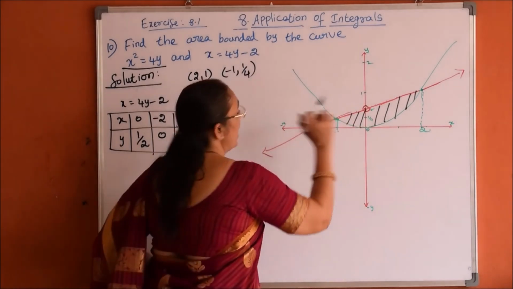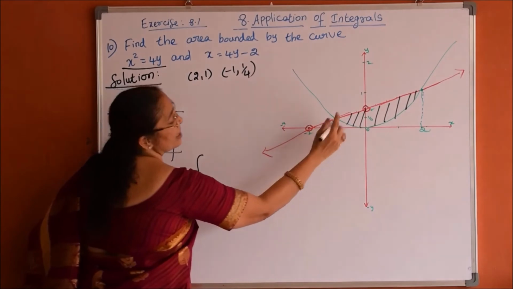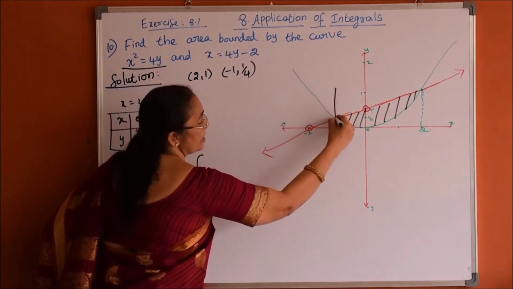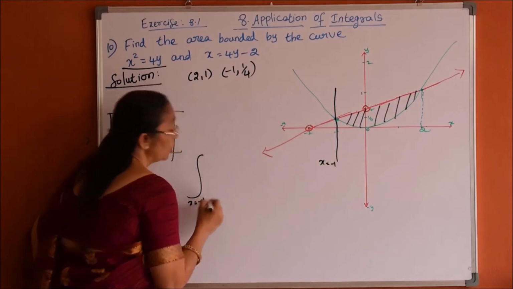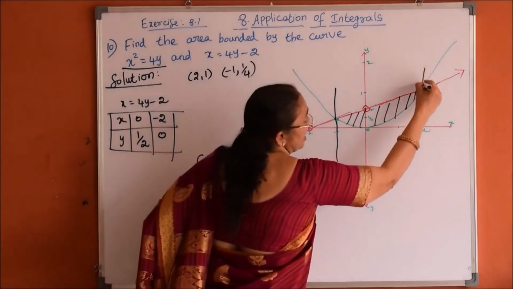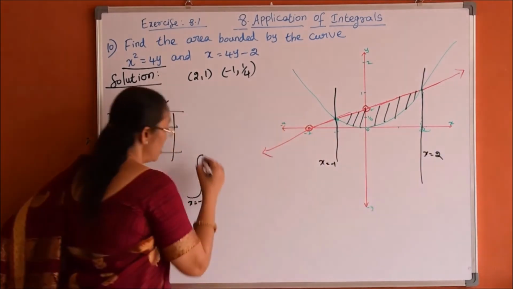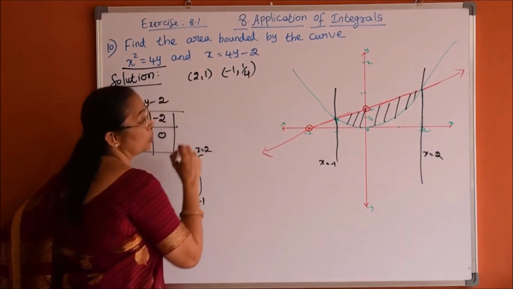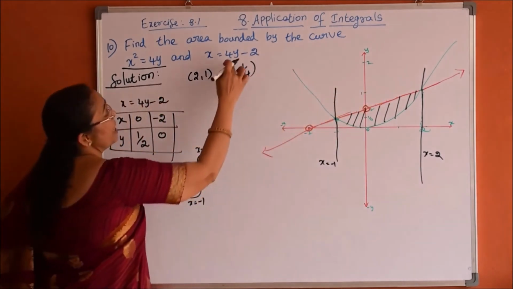So, when I write the first integration, it is the integration from x is equal to minus 1 to x is equal to 2. The line equation I want to write in y is equal to f of x form.